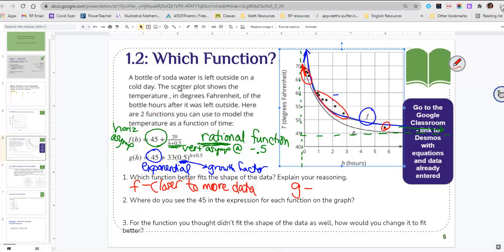Where our data seems to start right here at this point and move from there. So G, because at the left side, it seems to have like an ending point.